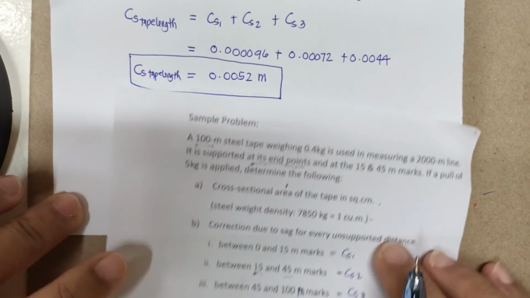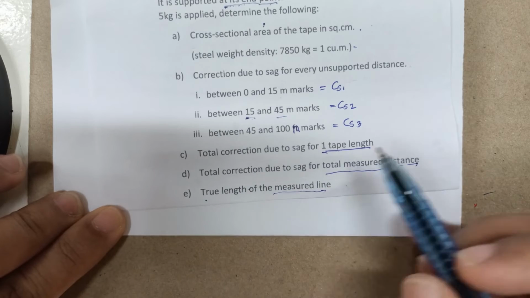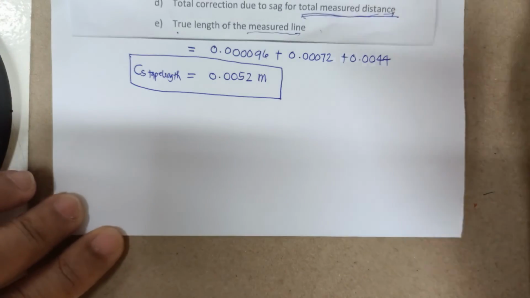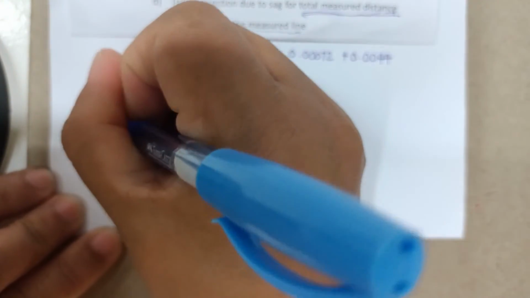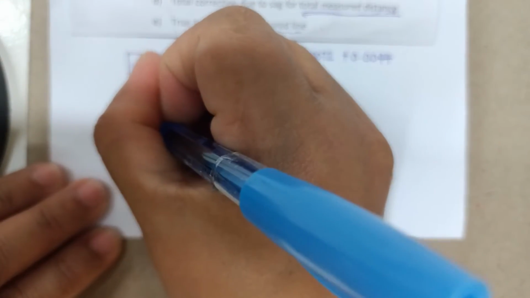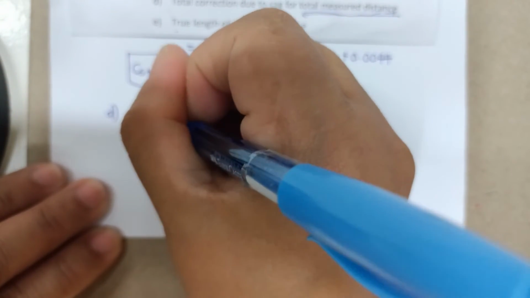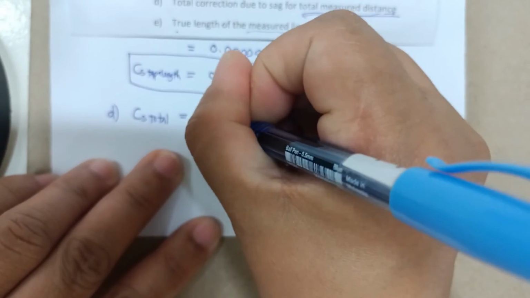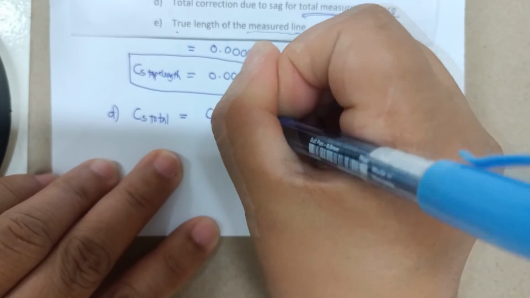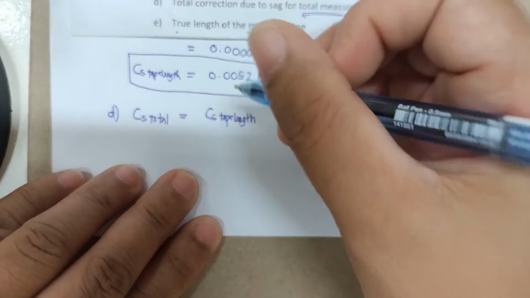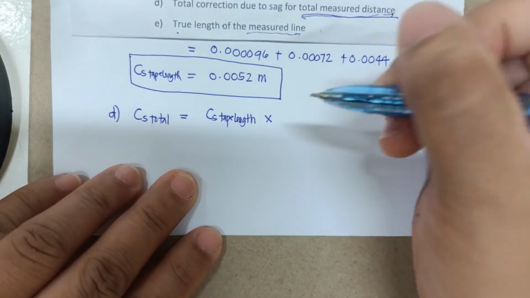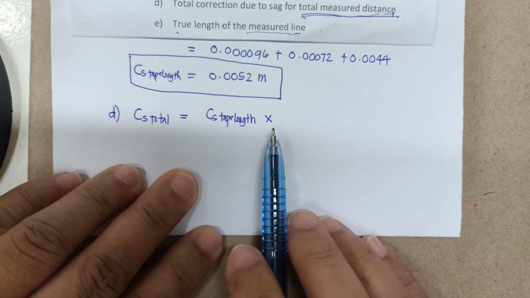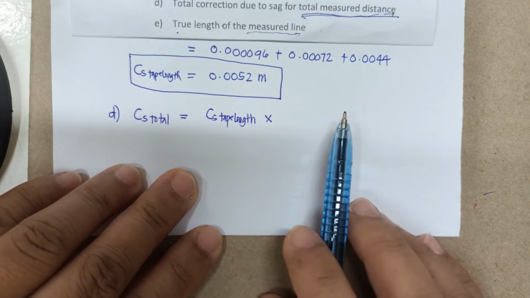So for item D, the total correction due to sag for the measured distance. We have D, and the CS correction total is equal to the correction per tape length times the number of tape lengths. We recall our previous formula: correction per tape length times the number of tape lengths. So how to compute the number of tape lengths?